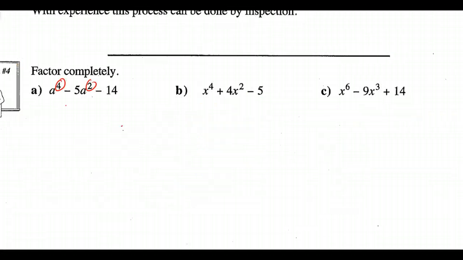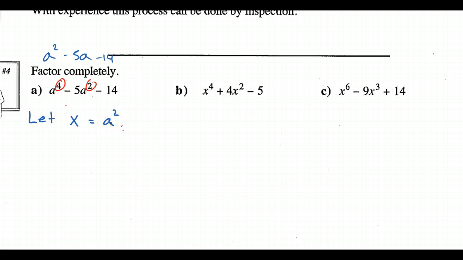Jump down to example number 4 in the next section. This is also a different type of factoring where the exponent is not a squared and not a 1. We're used to a squared minus 5a minus 14. So how are we going to do this one? Here's the first thing you have to do. We're going to say let x equal a squared.